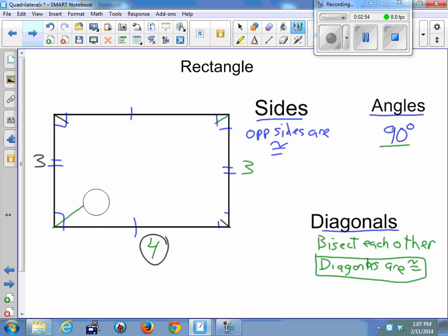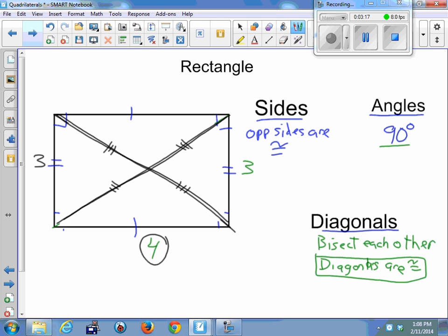That's different from a parallelogram. So if we draw our diagonals, these are all the same. All of those sections are the same. The one going down from left to right is the same as this one, which was different in just a parallelogram. All right, so that's a rectangle.